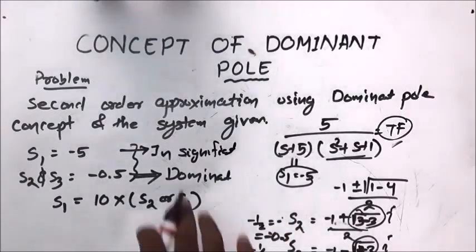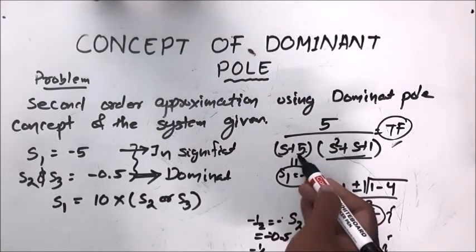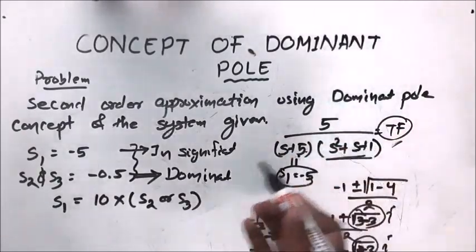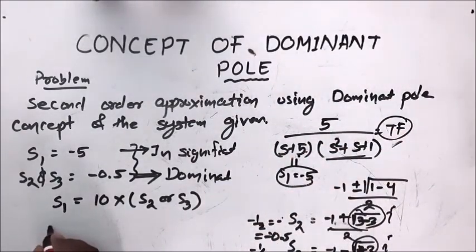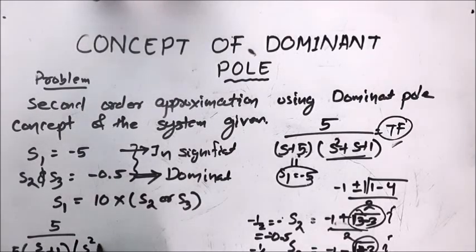Clear? So if you learned this thing, now I can remove it. What to do? I need to take the poles, or I need to make it in the form 1 plus something. You can see here 5 divided by, if I take 5 out from here, 5 whole into S by 5 plus 1, it's clear now, 1 plus something, whole into S square plus S plus 1.